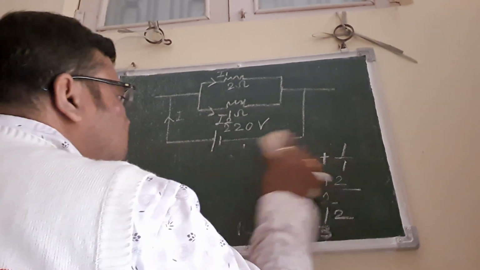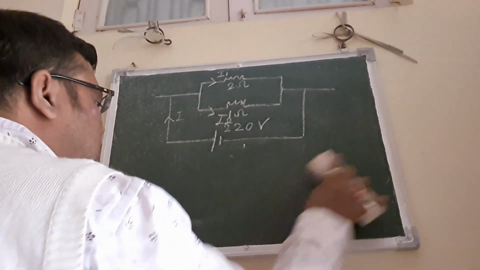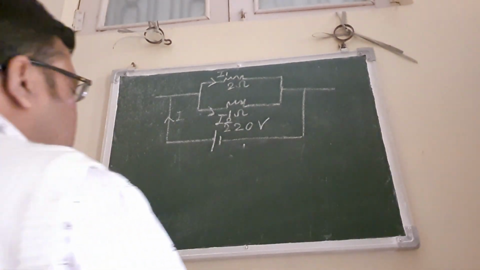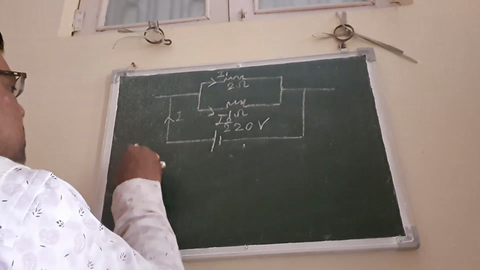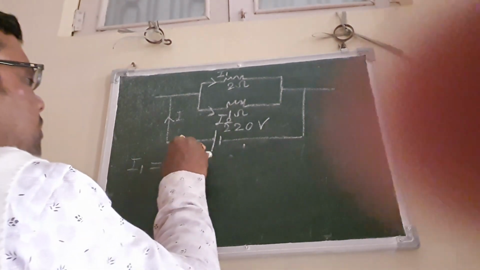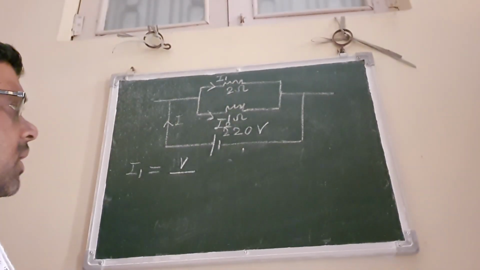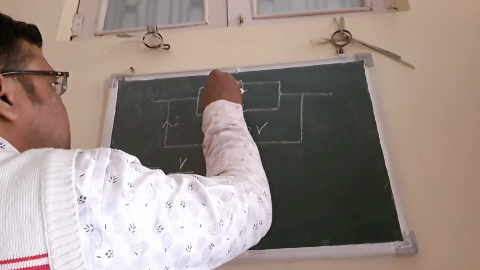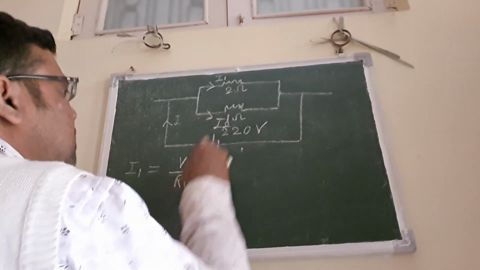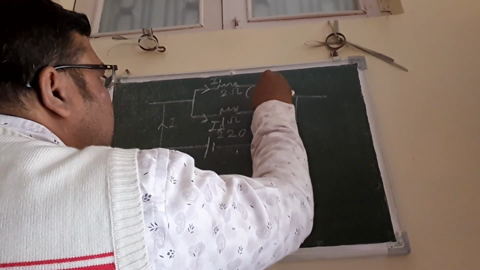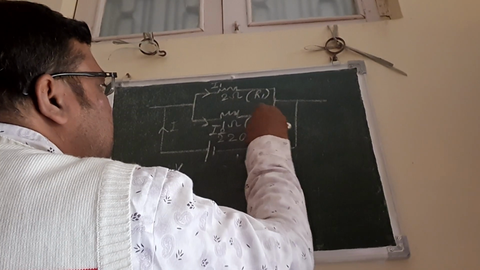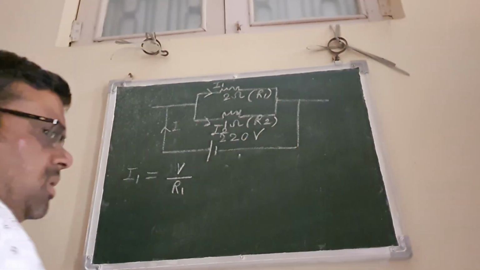Now we are going to calculate the current I1. So I1 is equal to V upon R1. The voltage in parallel will be 220 volt. Here there will be R1 resistance and here there will be R2 resistance.